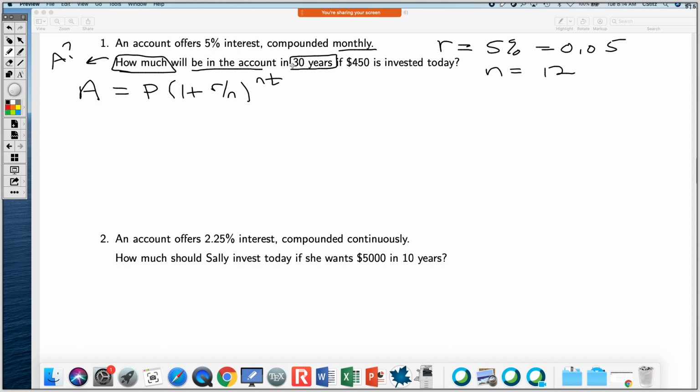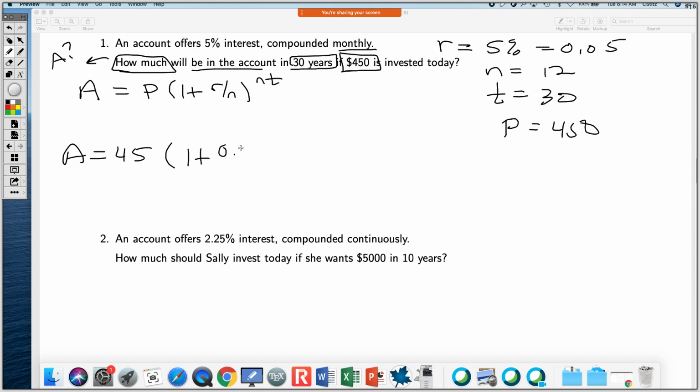In 30 years, so that's our T. If $450 is invested today, so that's our P. So A equals 450 times (1 plus 0.05 over 12) to the 12 times 30.